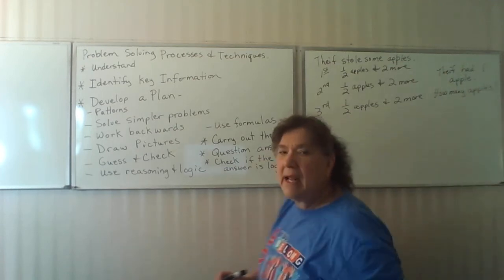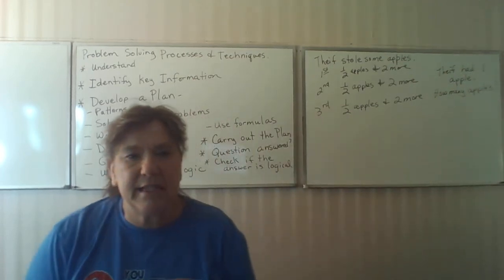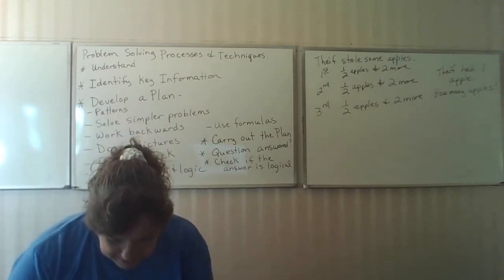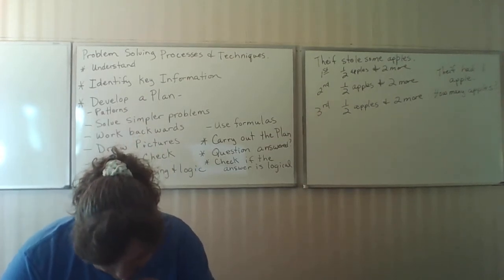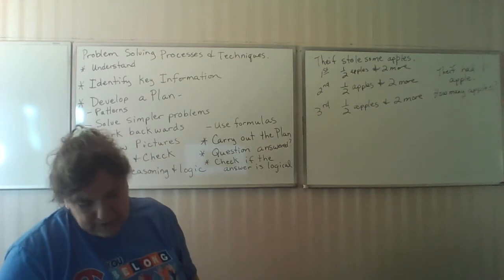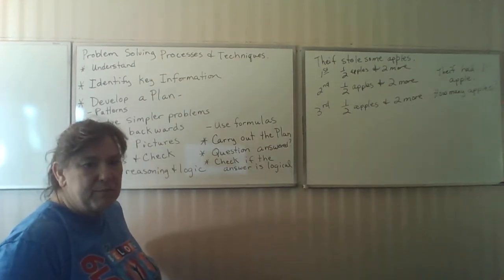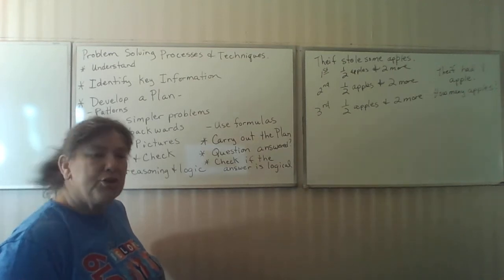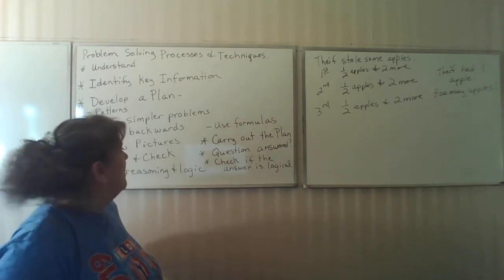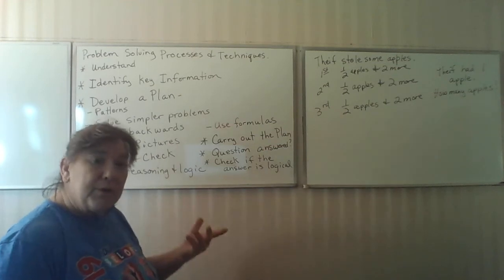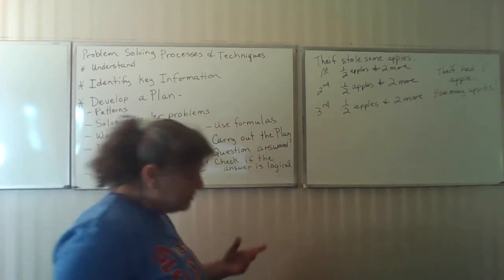Okay, how many apples did the thief steal? So that's where we're going to start from. Okay? So let's look at this. What would be a good approach to solve this problem? Well, I think a chart would be a really good idea. That's a plan that we're going to use, and we're going to look at what happens when we do this chart.